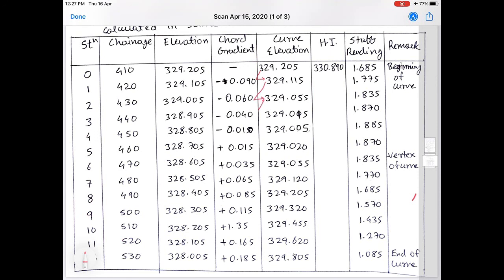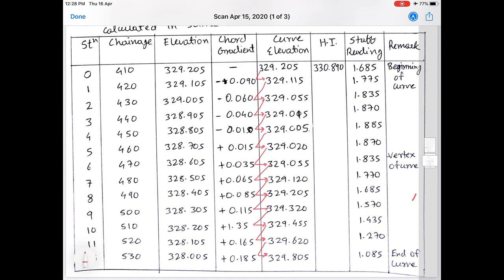And likewise, by using the cumulative type of form, we keep on adding or subtracting the chord gradient depending upon its sign. The actual formula is: curve elevation is equal to curve elevation of your first point plus the chord gradient. So likewise, we find the curve elevation of each point.